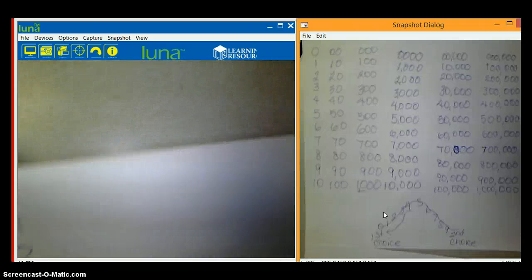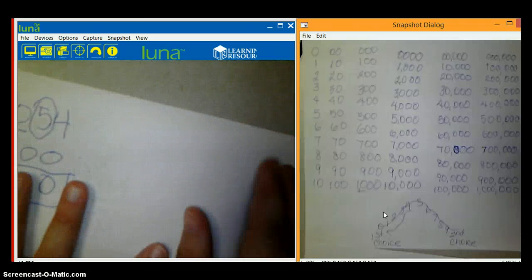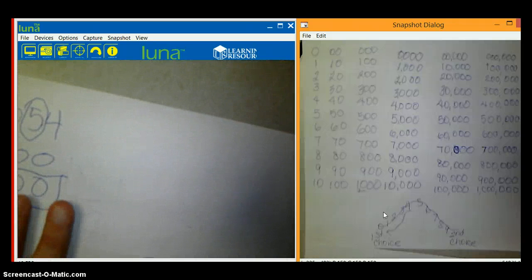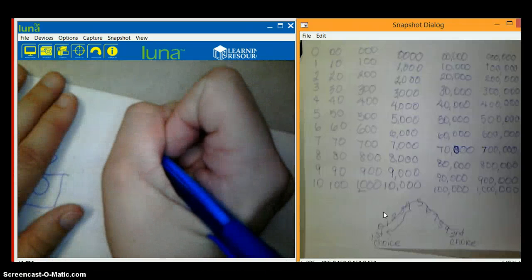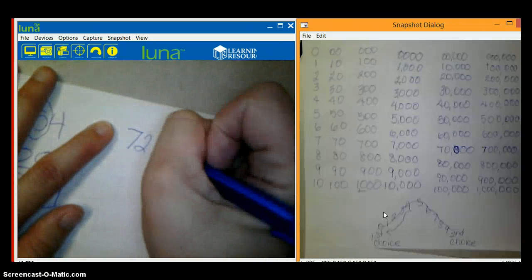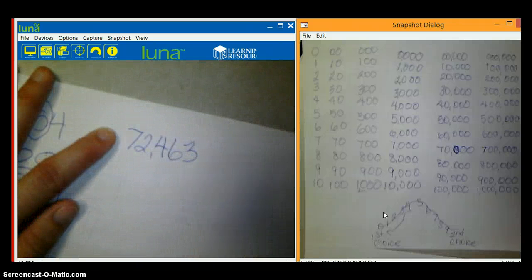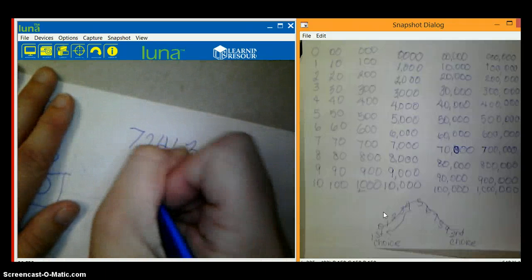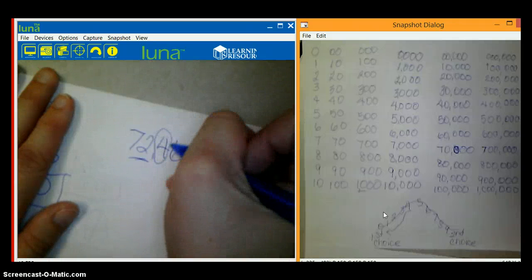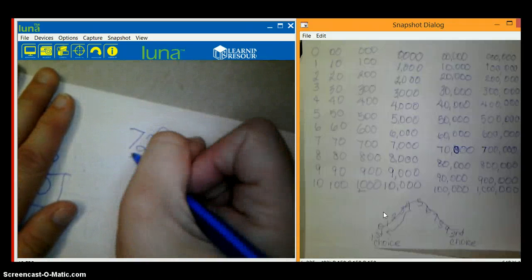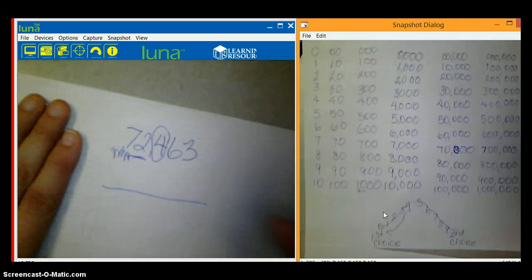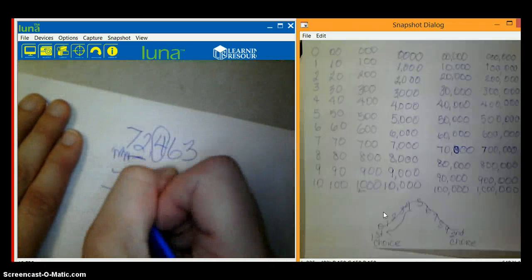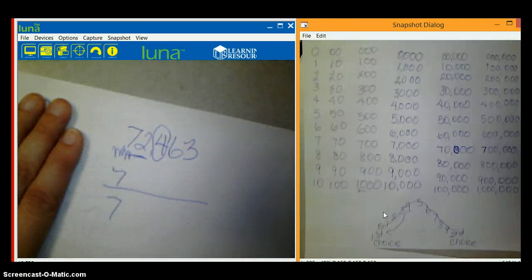And the same with this one. Let's do two more examples. I'll do a 10,000s place and a 100,000s place. So the 10,000s, let's say I have the number 72,463. All right, I want to round to the nearest thousands. So I'm going to circle the 4. And I'm going to squiggle line the 7. Here's my answer line. And I'm going to say, okay, I got to get that 7 in front of both of my choices.